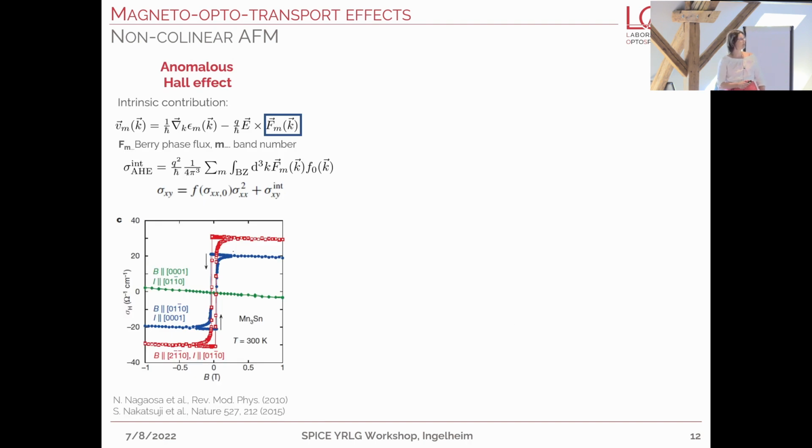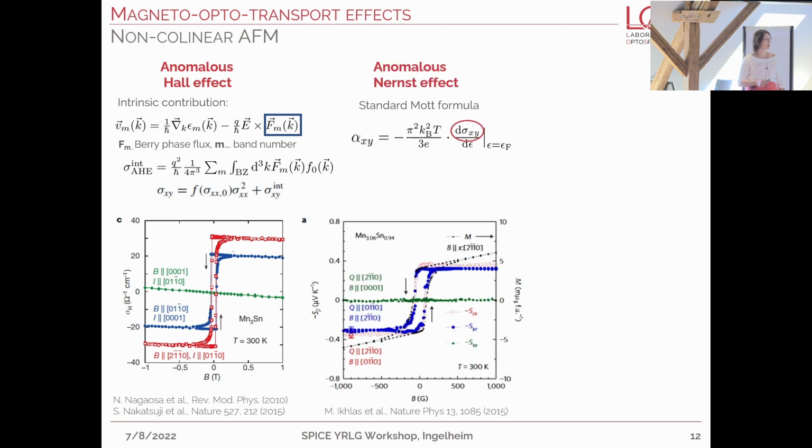This is also something that has been covered in several talks: the intrinsic contribution to the anomalous velocity and anomalous Hall conductivity is related to the Berry phase curvature in k-space. So there are systems where this is allowed, and so you get a non-zero Hall conductivity. In non-collinear antiferromagnets, this has been observed in manganese-three tin.